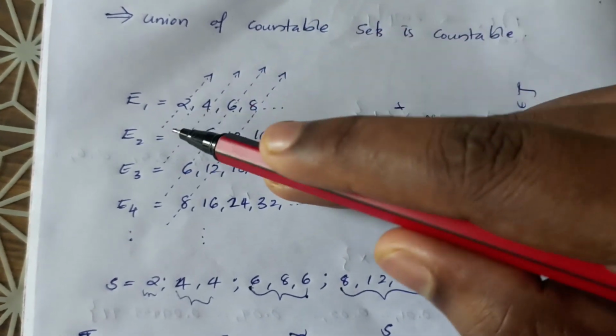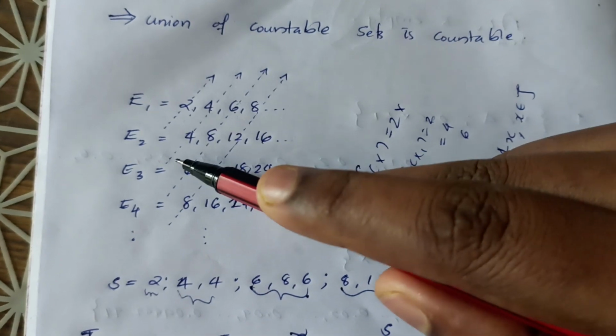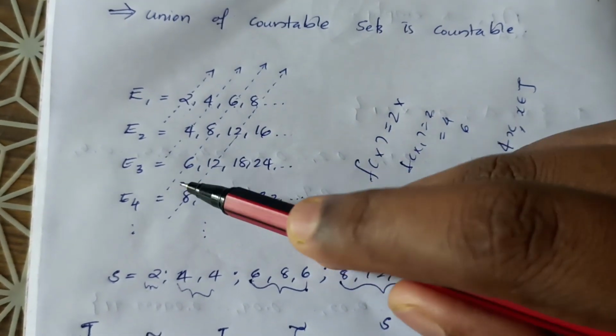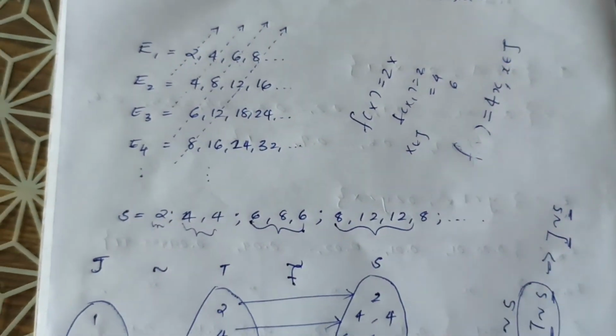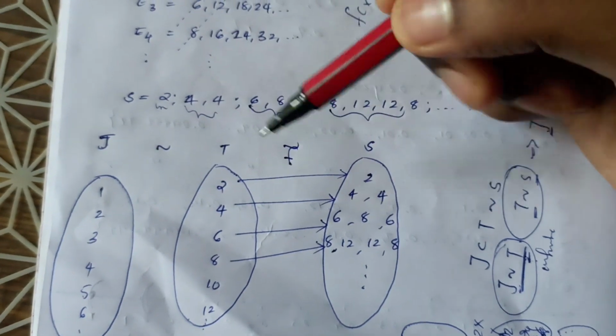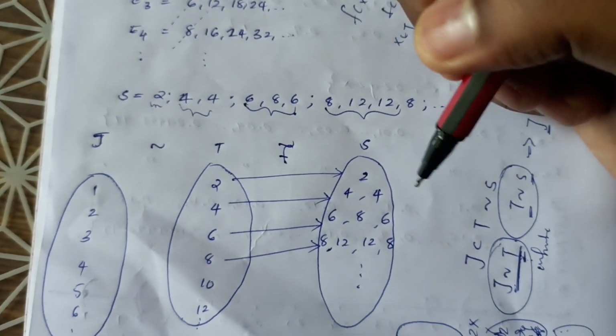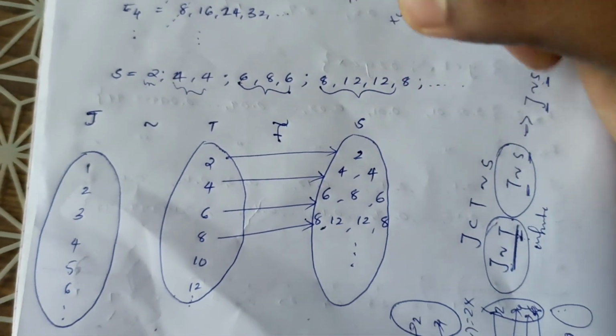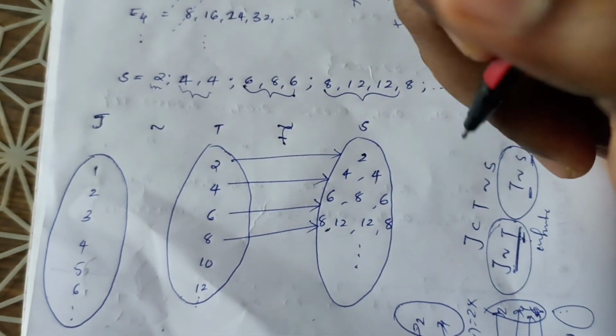The first elements of the sequence come from the first arrow, the second from the second arrow, the third from the third arrow, and so on. If we can find a 1-1 correspondence between a subset of J and our S, then we can say that it is at most countable. We can say that it is countable only if our S is infinite.